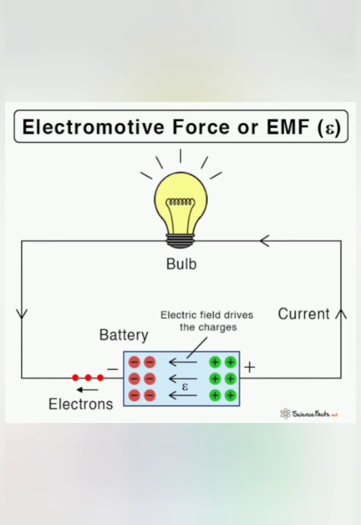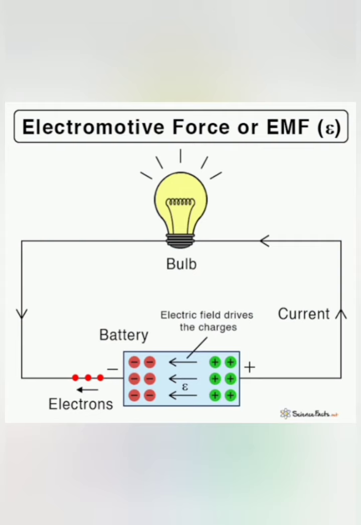The chemical reaction taking place in the cell removes electrons from the copper plate that transfer to the zinc rod through the electrolyte. Consequently the copper plate attains a positive charge of Q coulombs and the zinc attains a negative charge of Q coulombs.